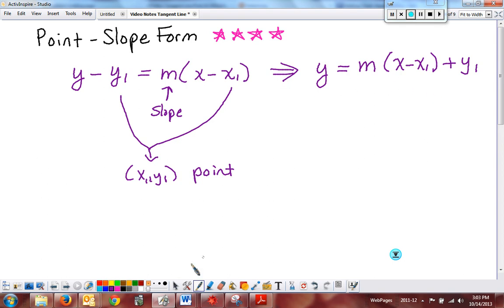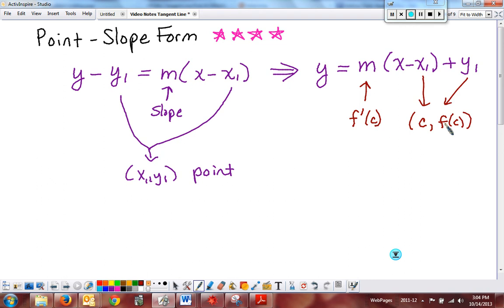You simply plug in your slope, and just as a reminder in what we're doing right now, this is your f prime of c, whatever slope you're looking at, the slope of the tangent line. And then right here, your x1 and your y1, if we're thinking about where those are coming from, x1, that's your c value. And then to find the y value, that's f of c.